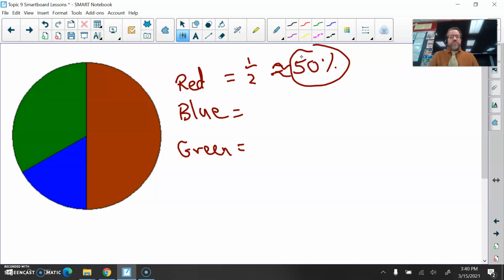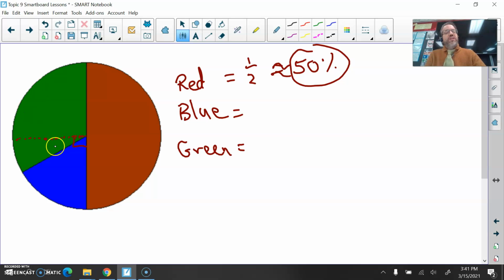Okay. Now that I know that, let's look at the other sections. What do I notice? Well, I do notice that the blue section here is less than 90 degrees. You can imagine if it were 90 degrees, it would form a right angle right here. Okay, so it's less than 90 degrees.